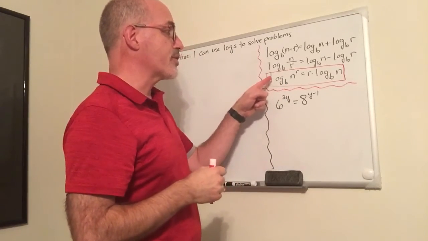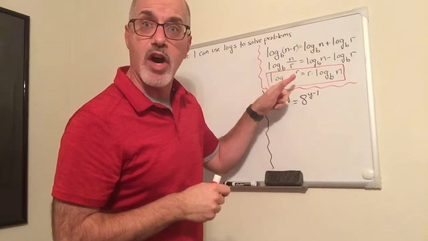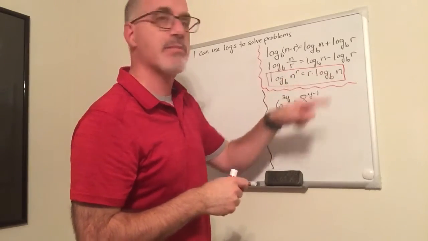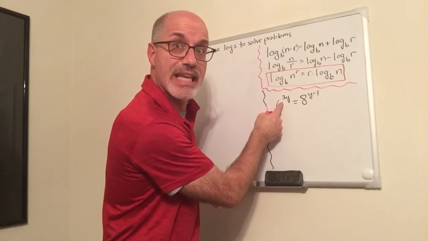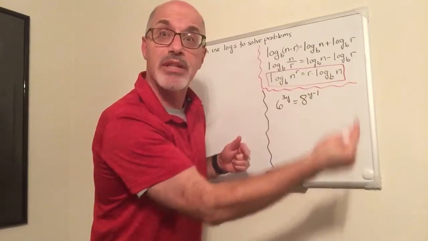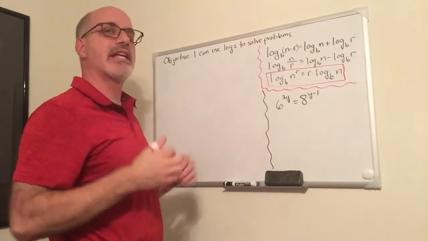The third rule says log base b of n to the r. You can take that exponent of r, move it down in front, and it becomes r times log base b of n. What that tells me is that for anything that has a variable in the exponent, if I take the log of both sides, I can bring the variable out in front and it's no longer in the exponent. So I'm going to take advantage of that.